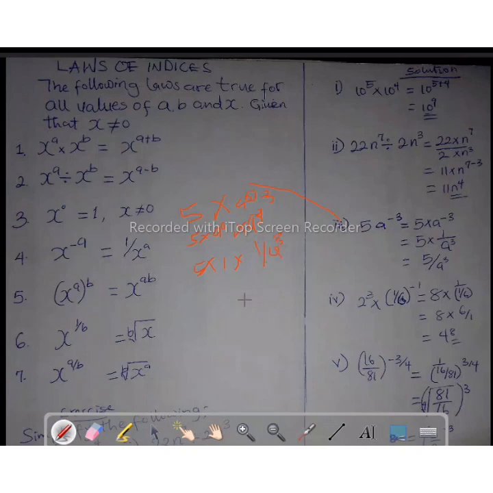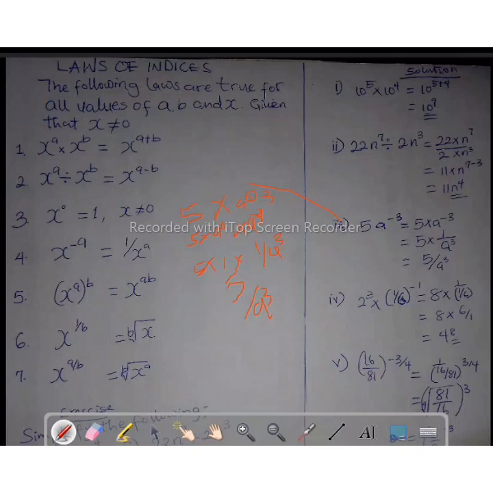And multiplying the whole thing, now you have 5 times 1 times 1, which is 5, all over a raised to power 3. That's how we come about 5 all over a raised to power 3. This is the application of the third law and the fourth law. Now let's look at the fifth law.